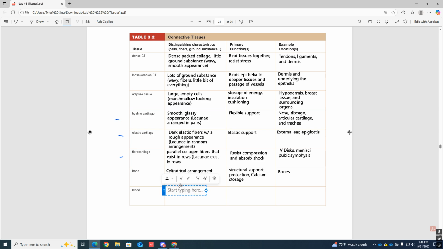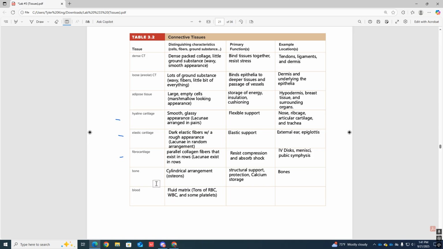Okay. Lastly, here we have blood. Remember, this is the fluid matrix. Tons of red blood cells. Has white blood cells and some platelets. All right. Perfect. That one's pretty easy.